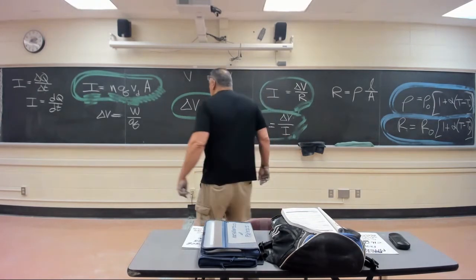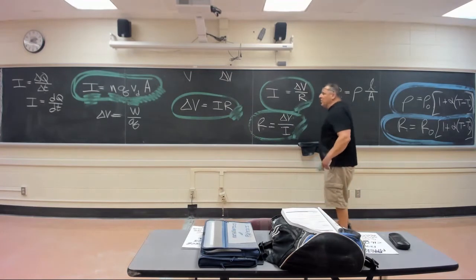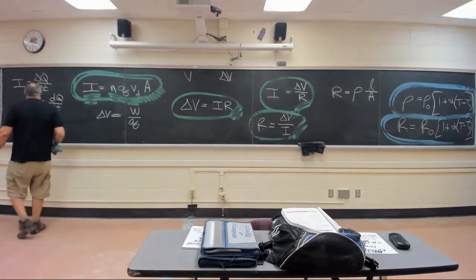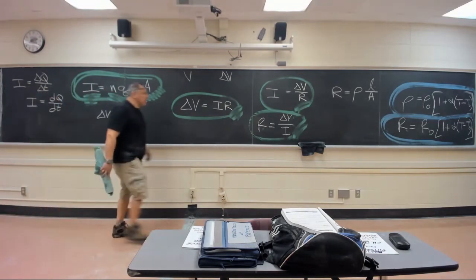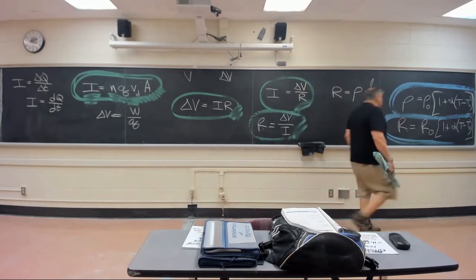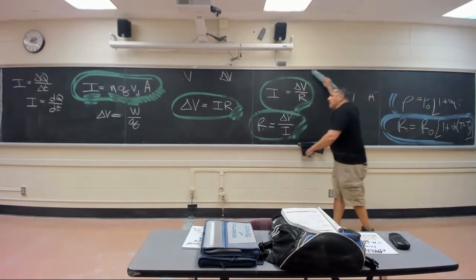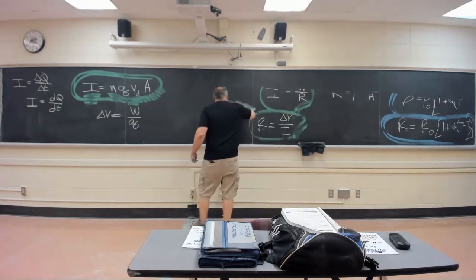Remember the potential, it's kind of analogous to other stuff that we've said. I don't like to erase any of this, but let me erase some of it, so we can always come back to it.